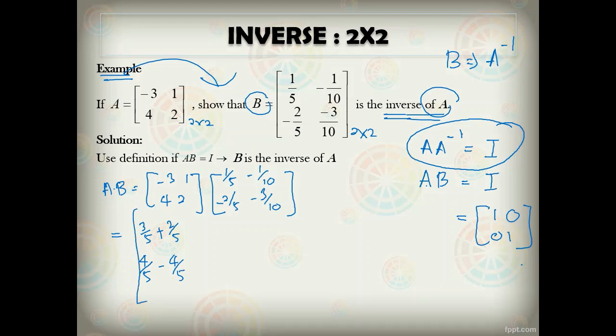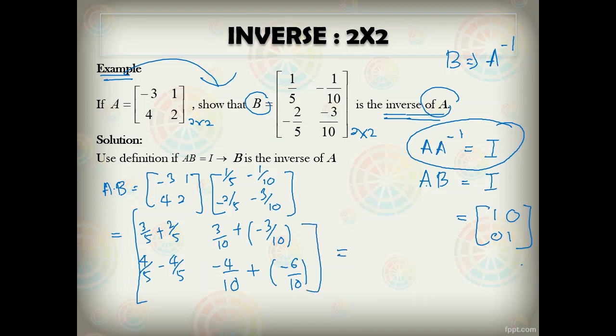Next we multiply with the second column. Minus 3 multiplied with minus 1 over 10 is 3 over 10, plus 1 multiplied with minus 3 over 10 is minus 3 over 10. Then 4 multiplied with minus 1 over 10 is minus 4 over 10, plus 2 multiplied with minus 3 over 10 is minus 6 over 10.